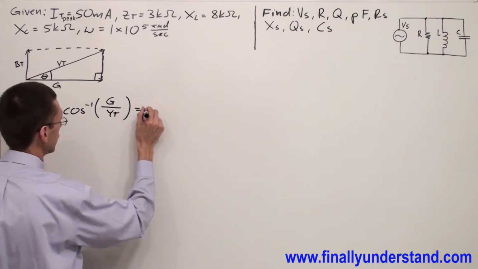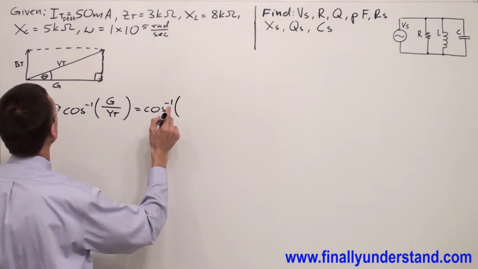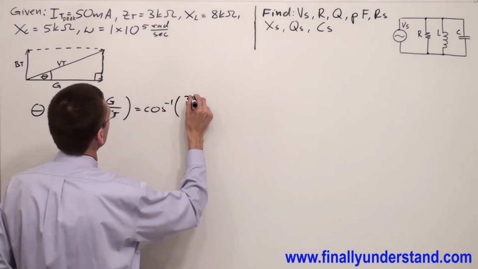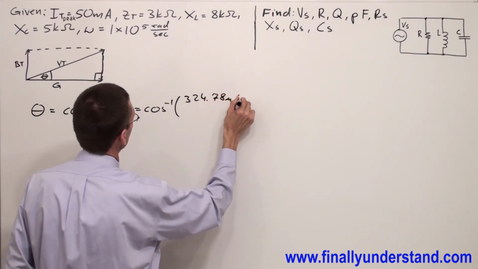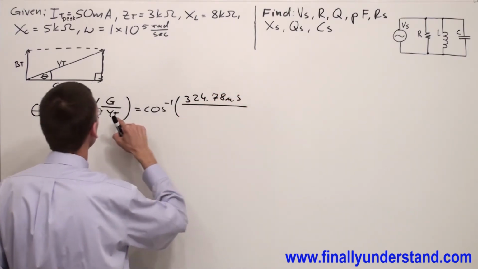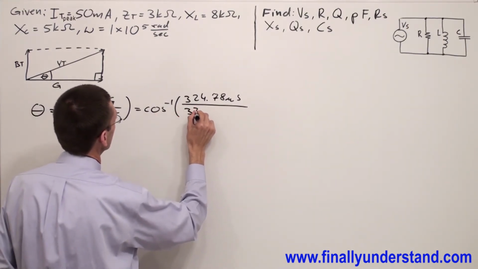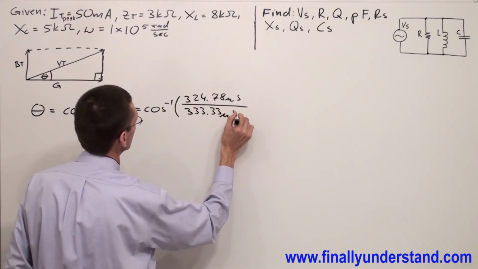So I have inverse cosine, and I have G, which is equal to 324.78 microsiemens divided by Y total, 333.33 microsiemens.